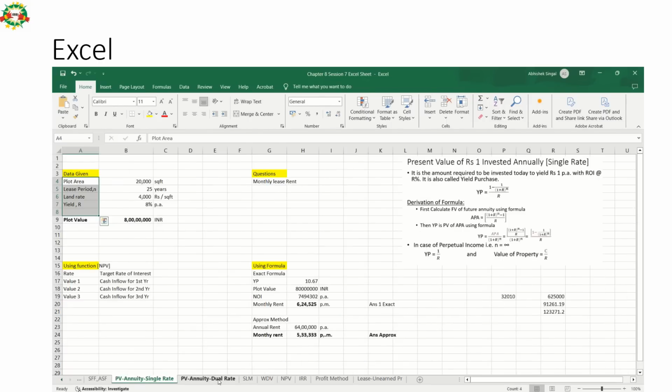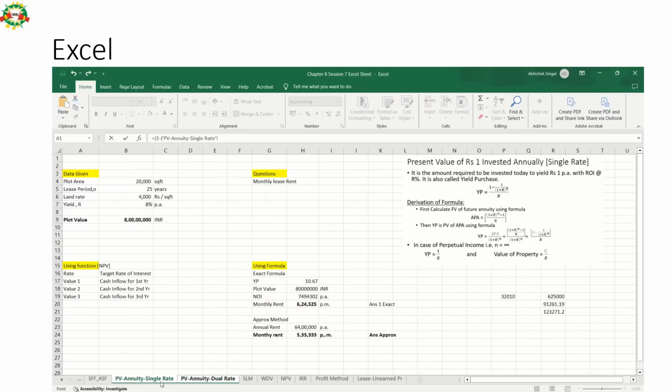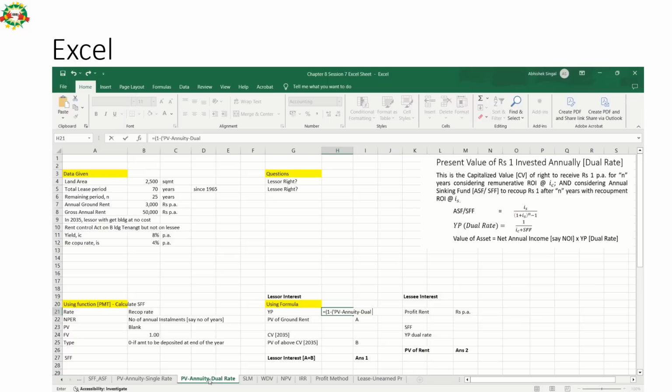So let us calculate it with the help of the formula: equal to 1 minus 1 divided by 1 plus r raised to power n.